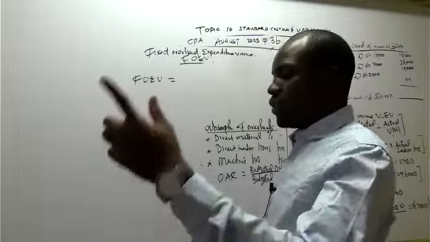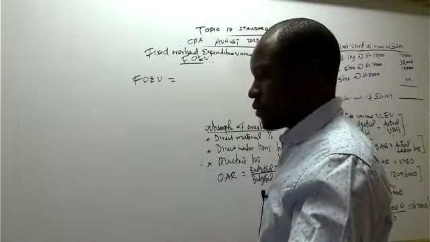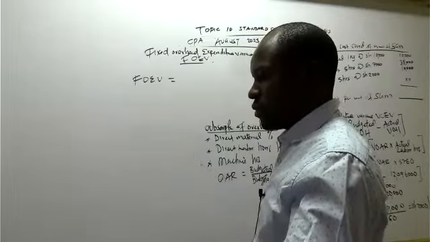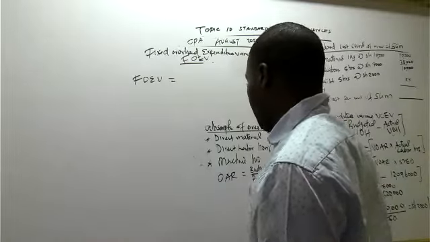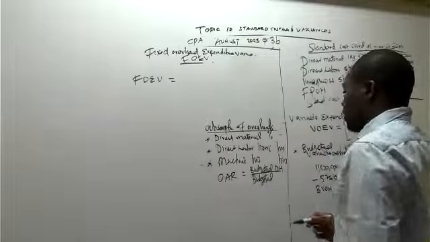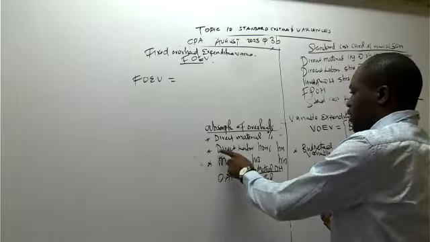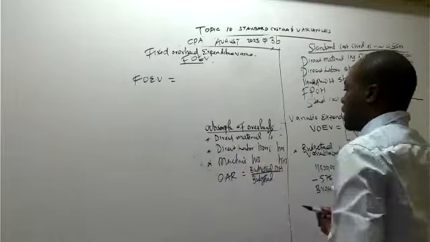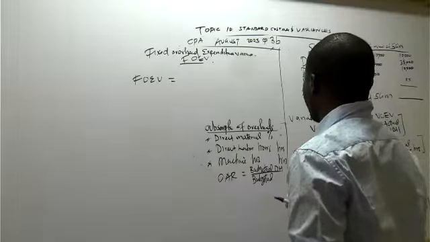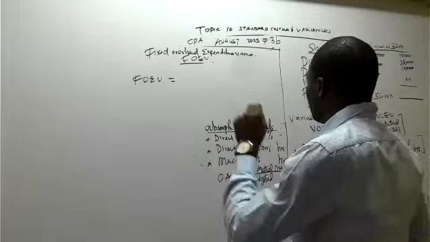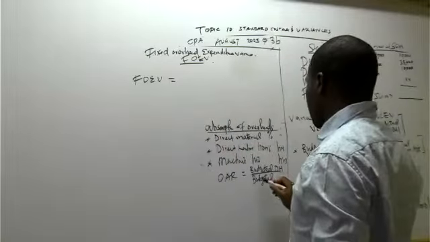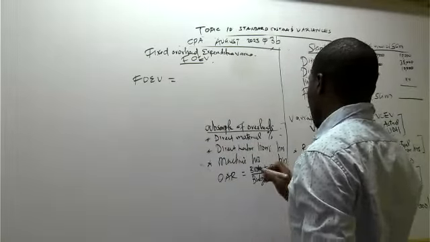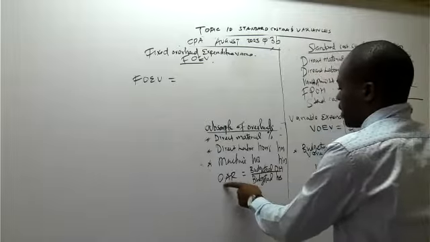Here, we don't have anything close to machine hours. The only thing we are having here is direct labor hours. So these variables are going to be absorbed based on the direct labor hours. That's why we are using budgeted labor hours.